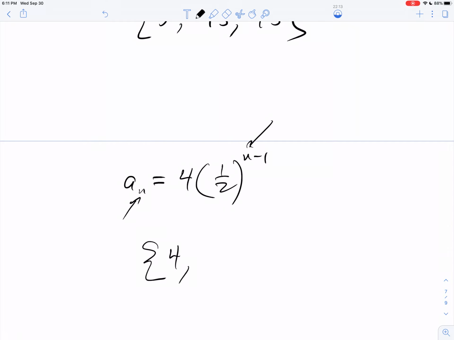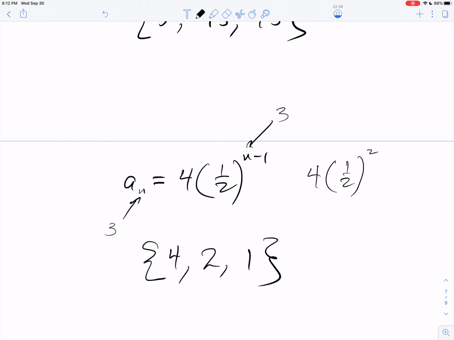If you plug in 2, that would mean 4 times 1/2 to the 2 minus 1. So 4 times 1/2, that would be 2. And then plug in 3. You would get 4 times 1/2 to the 3 minus 1, which is 1/2 squared, so 4 times 1/4, and you could just say, oh, that's 1. So I could still generate the first three numbers of the list pretty quick.